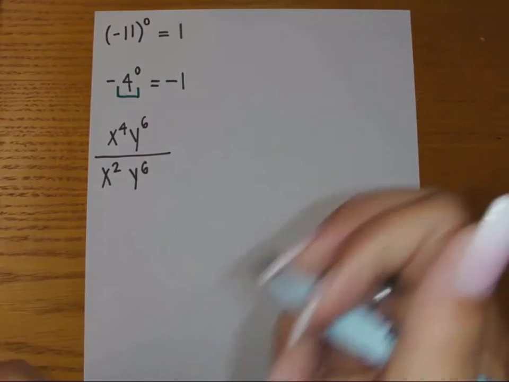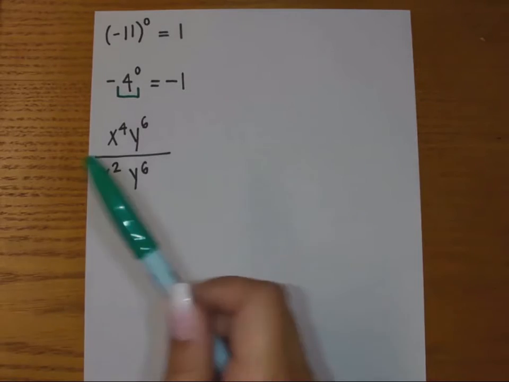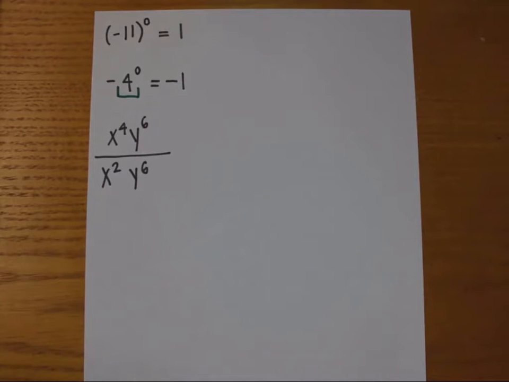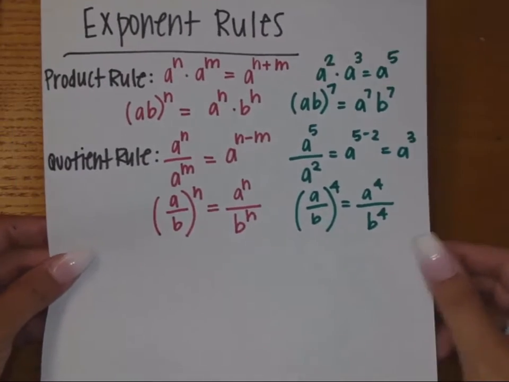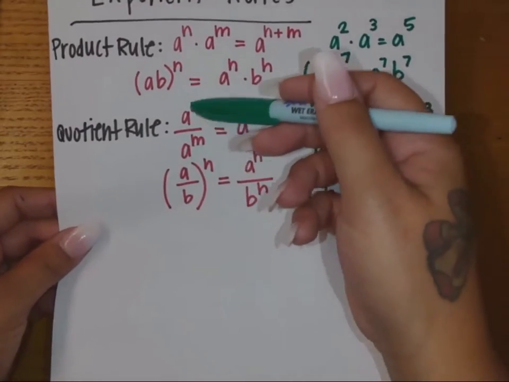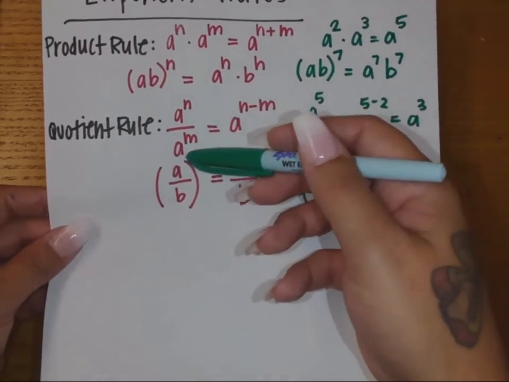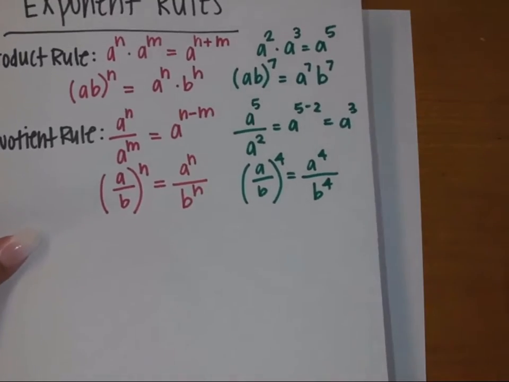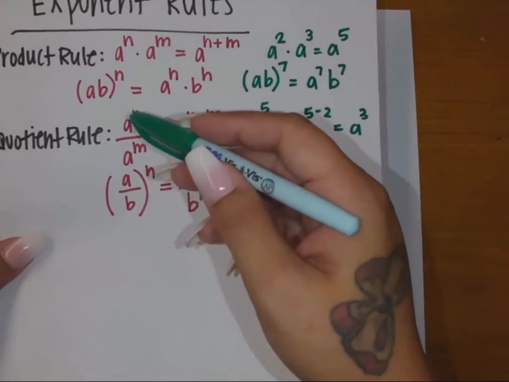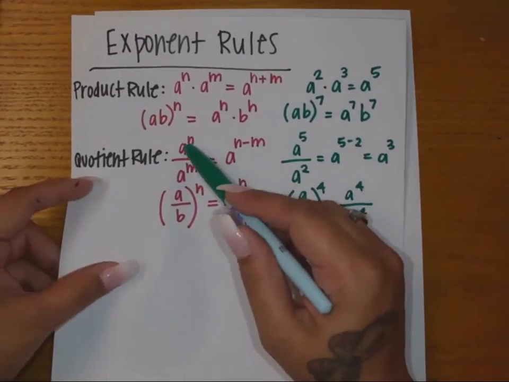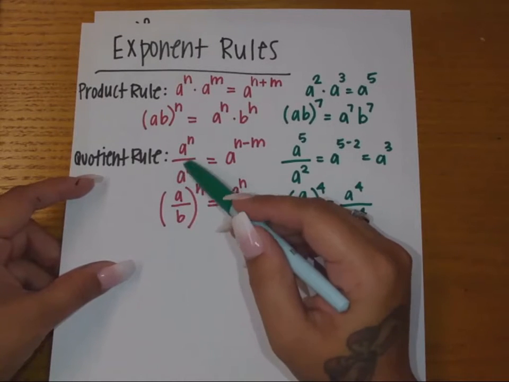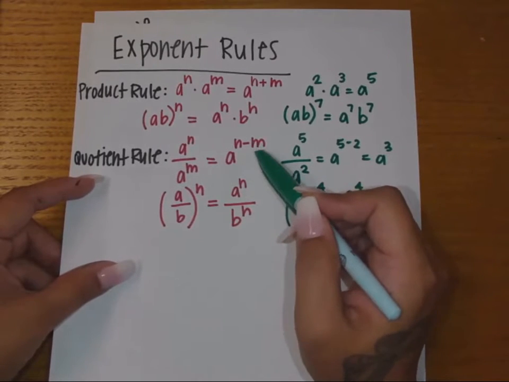Okay, so using our exponent rules, if you remember, for our quotient rule, when you have the same power, I didn't just write a on the top and a on the bottom just to write it. I wrote it to actually express that these are the exact same thing, which is why we can apply this rule.